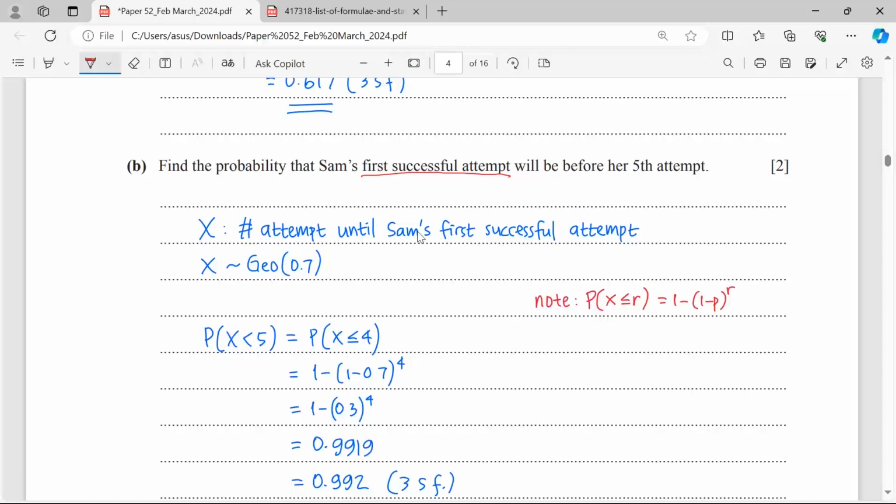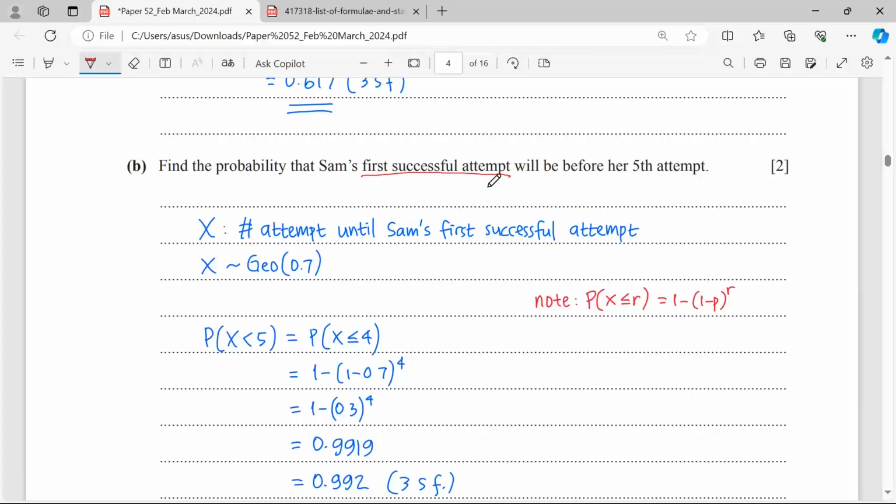Remember that in Probability and Statistics 1, you only learn 2 discrete distributions. The first one is binomial, and the second one is geometric. For the geometric distribution, it is about the number of trials until the first success. So part B is actually a geometric distribution.